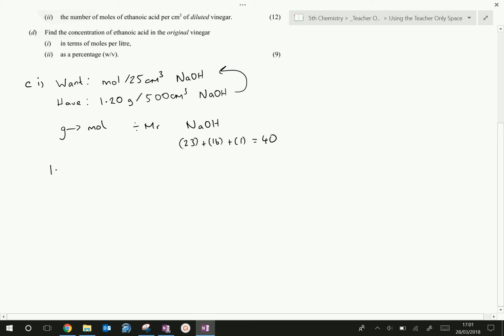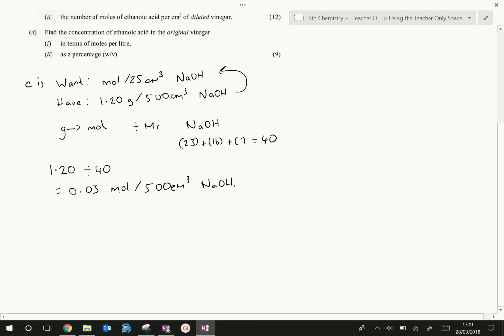So to turn 1.20 grams into moles, I divide by 40, and we get 0.03 moles per 500 ml of sodium hydroxide.